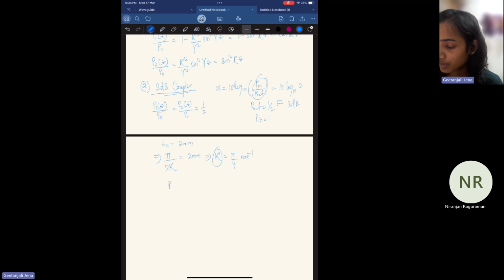P1(z) by P0 is half, so cos square kappa z is half. So cos kappa z is 1 by root 2, which means this is cos pi by 4.